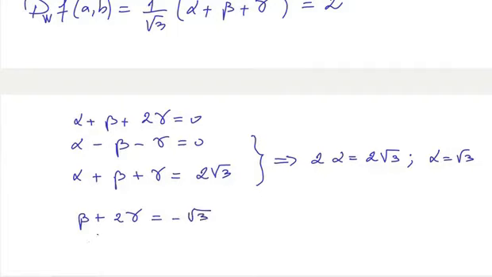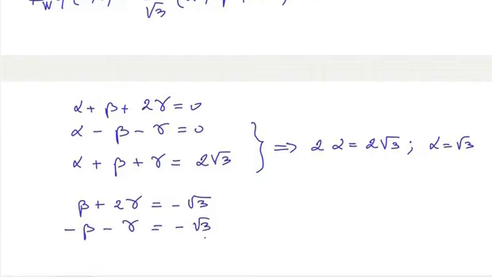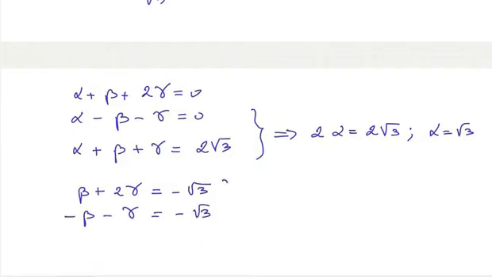of 3. The second one gives us minus beta minus gamma equals minus square root of 3. And we clearly see that if we add member to member, beta disappears and we find gamma equals minus 2 square root of 3.